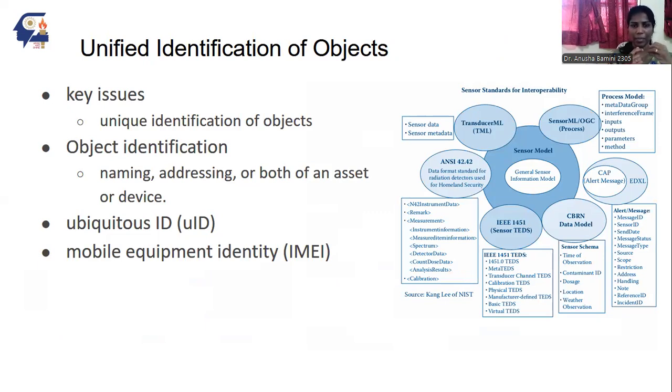For example, if you are connecting a pen drive to your laptop, it shows a pop-up message, right? A new USB device is connected in the port. If you are additionally inserting a memory card or a CD, whatever it is, an additional device or object we are attaching to the system, it shows a pop-up message. Why has it happened? Because your system identifies the particular object which is connected to it.